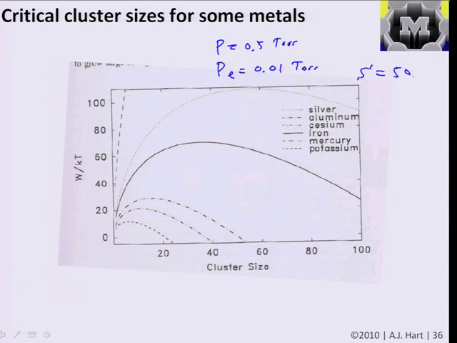And for aluminum, this would be, for example, at a temperature of about 1472 Kelvin. So that would mean that you'd have a very hot atmosphere, you would have a very hot crucible of aluminum, and you'd be creating this vapor, and then you would have a real pressure of 0.5 torr and an equilibrium pressure of about 0.01 torr.